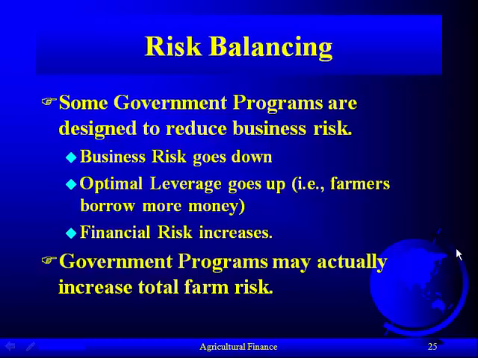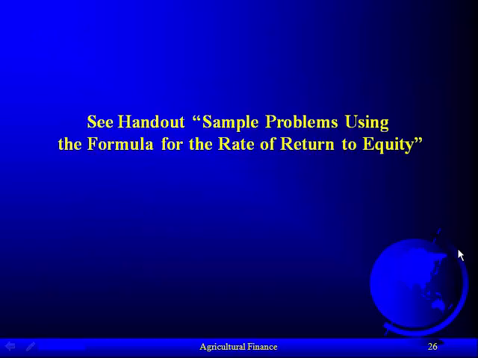Again, government reduces the business risk, farmers borrow more money, financial risk goes up. I can't say that total risk increases, but certainly the effect of the government programs put in place to reduce risk is offset by the additional debt that is borrowed. Hopefully you think about that, because in a lot of things we do, there are unintended consequences we don't actually pay attention to.